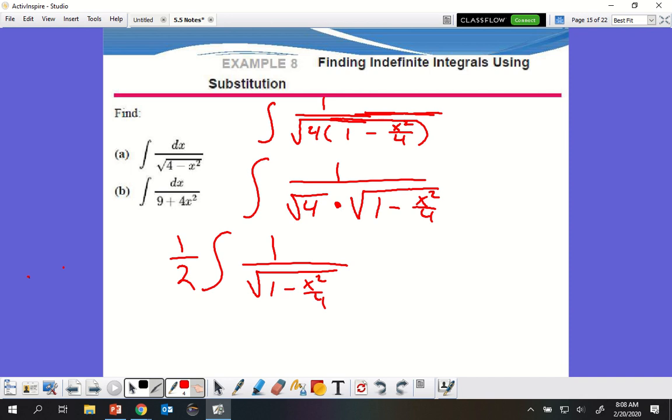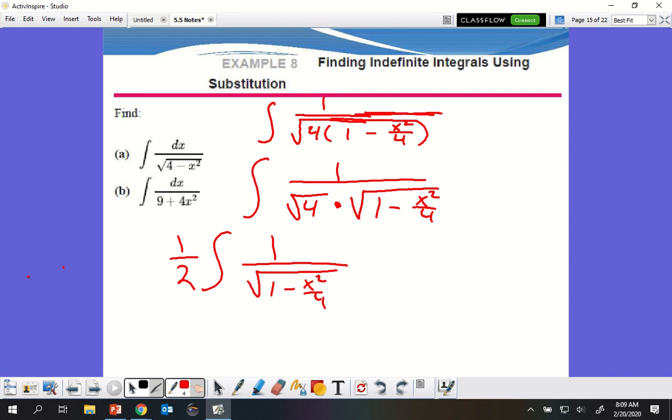All right, so now, what is my issue here? It's x squared over 4, where in my arc sine I normally just have an x squared, right? So I know that's going to be my issue here. So let's take a look. I'm going to try and make this work.